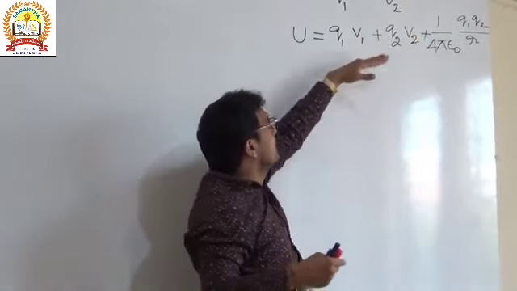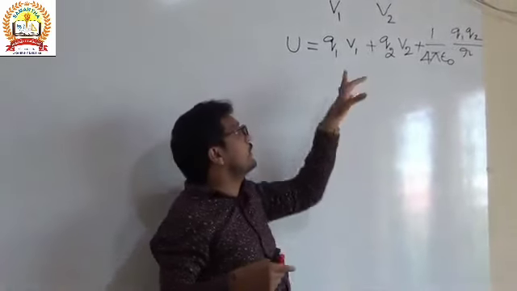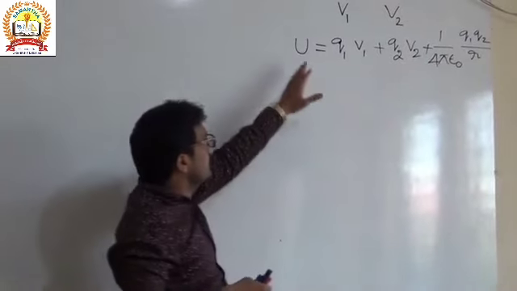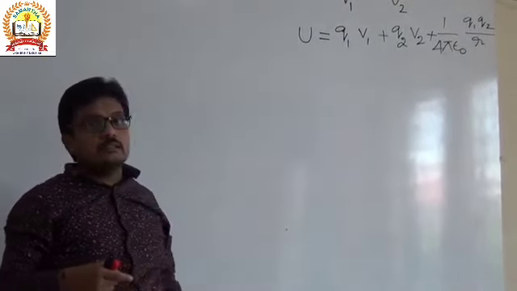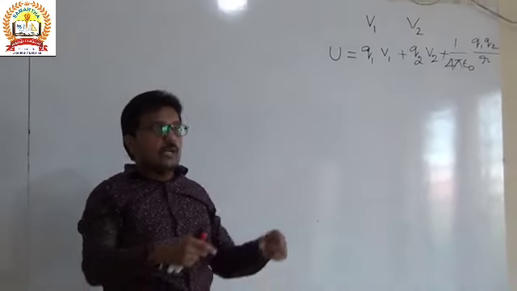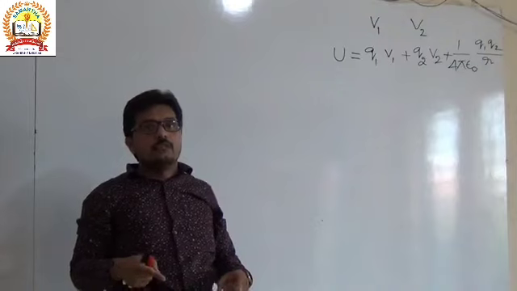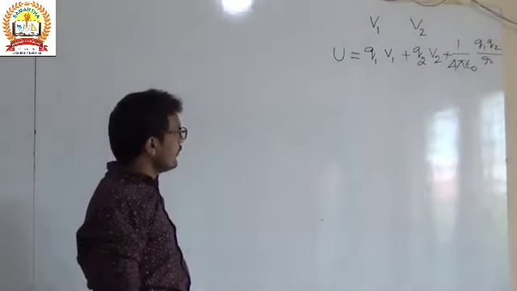Don't think the potential here and here is the same, so we use different notation V1 and V2. This is the potential energy to assemble the two-charge configuration with separation R.